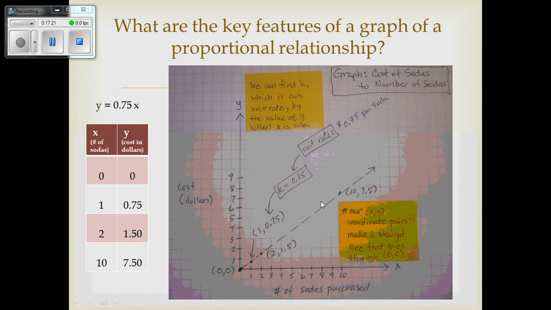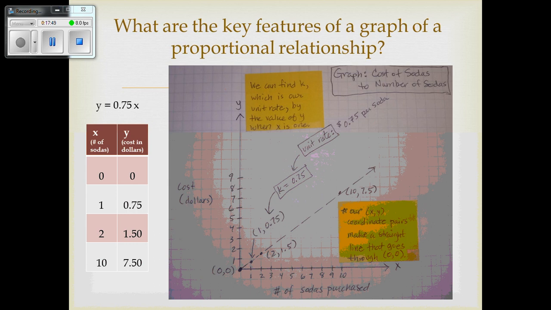What we have are three key features. One is a straight line, and it has to pass through 0, 0 for it to be proportional. So one thing that we could make note of is that when we have a proportional relationship, our XY coordinate pairs are going to make a straight line that goes through 0, 0, which is our origin.